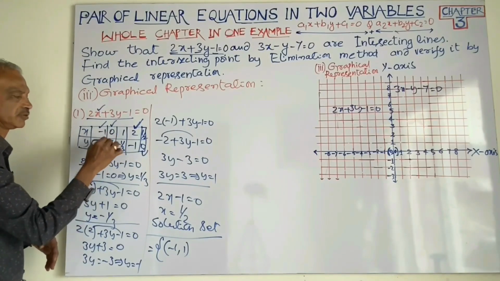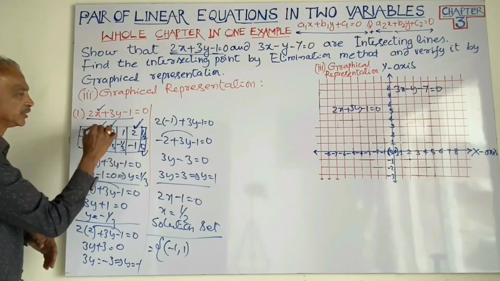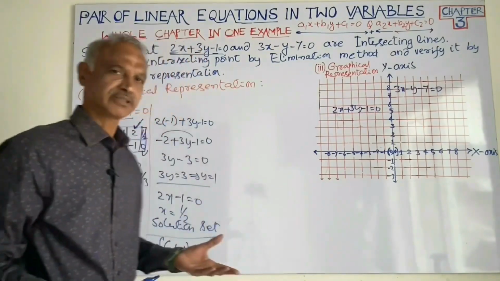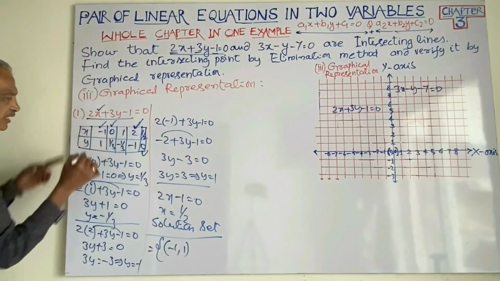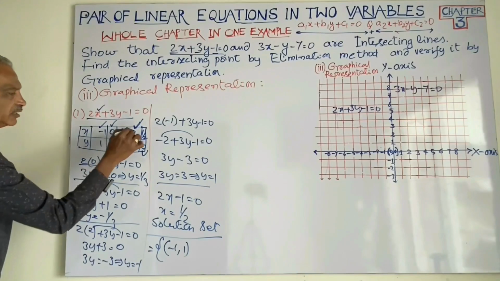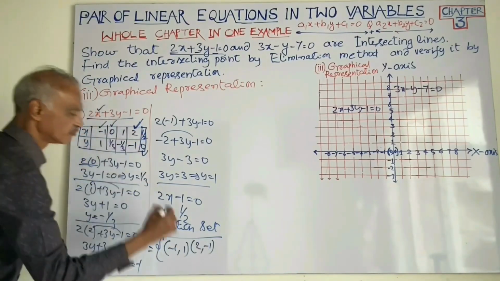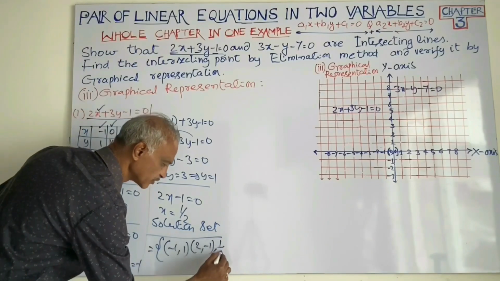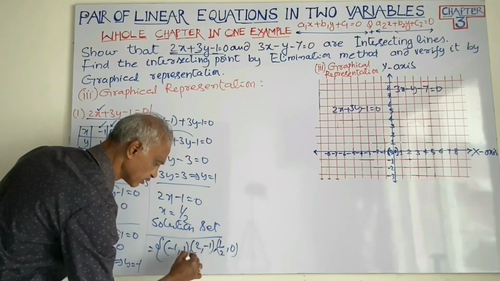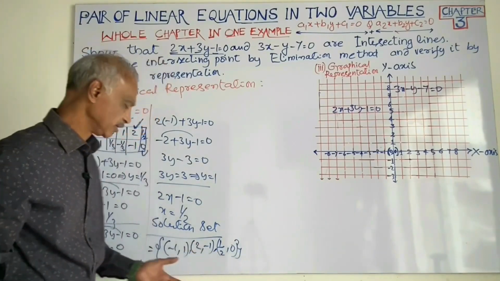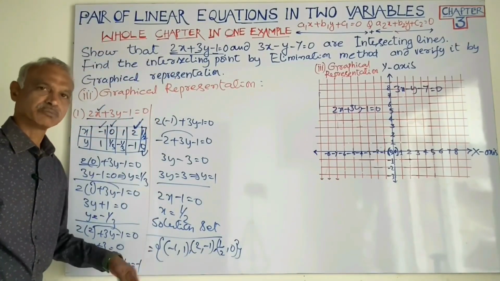No need to take 0, 1 by 3; it is better to take only 2 points, though you can take 3 points. Take minus 1, 1; 2, minus 1; and 1 by 2, 0. You need only 2 points to draw a straight line, even though you can take more than 2 points.